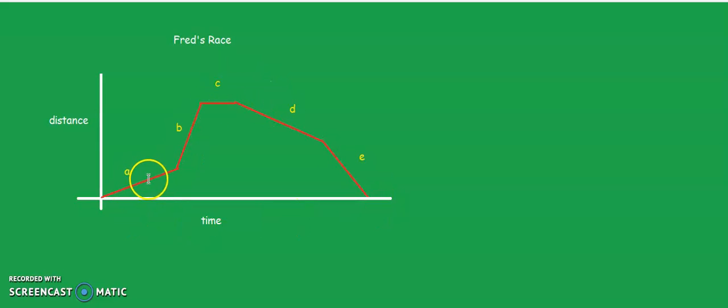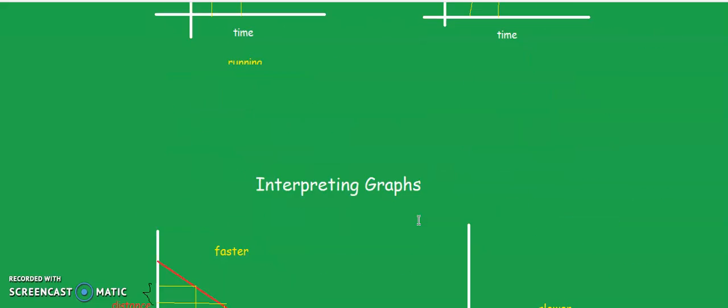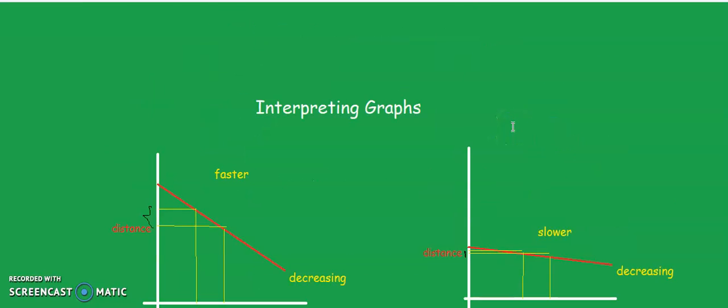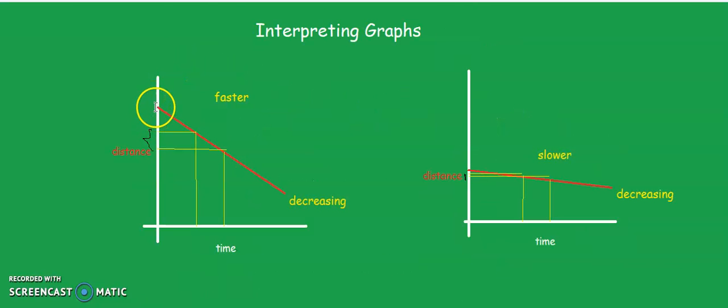So what's happening in each one of these patterns according to what we've learned? Let's just review a little bit. Let's go back up here. When the graph is steep, we know that the distance is increasing quickly, so he's going fast. If the graph is less steep, he's going slower, but the distance is still increasing. If the line is going down, the distance is decreasing.